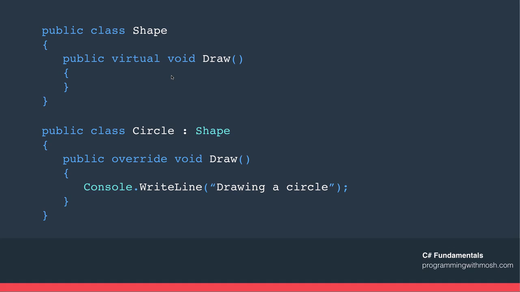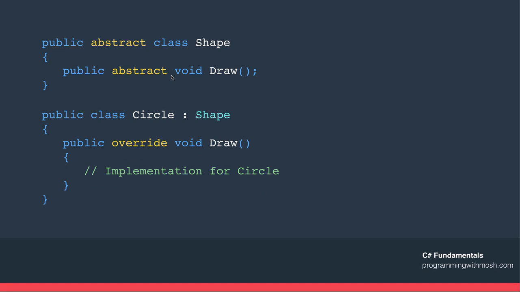So to use the abstract modifier, the code changes to something like this. Note that here the draw method is declared as abstract, and that's the reason it doesn't have implementation. So it doesn't have a body. It's just a declaration. And here we terminate the declaration with a semicolon. When we declare a method or a property as abstract, the class that contains that needs to be declared as abstract as well.